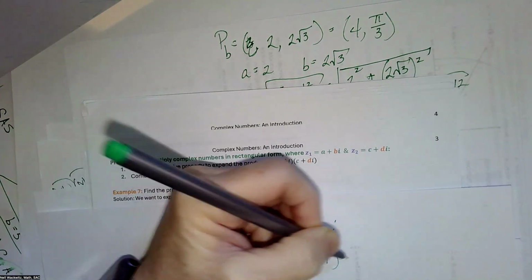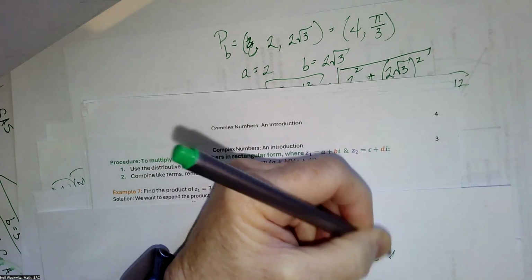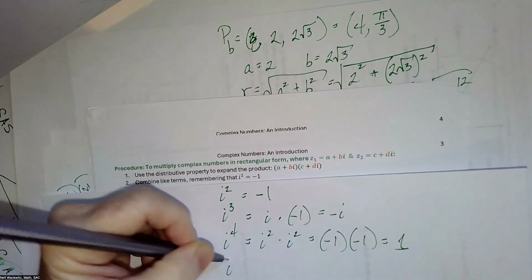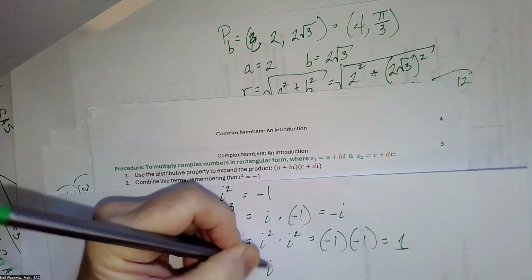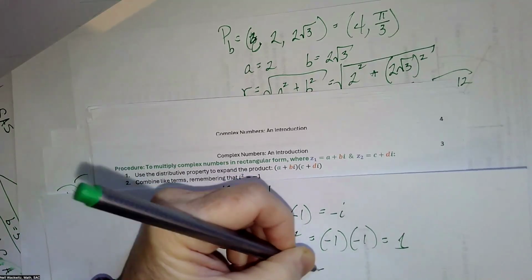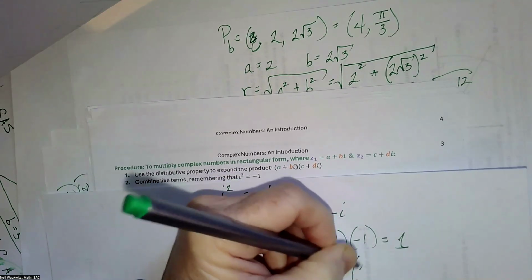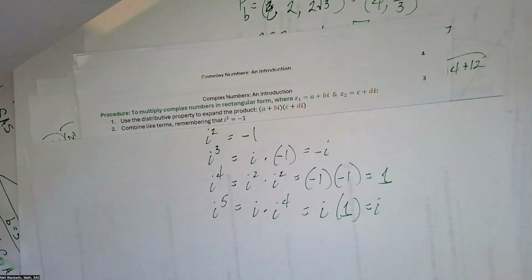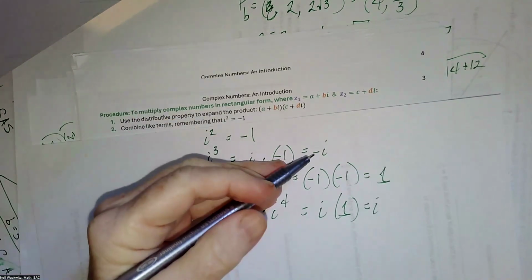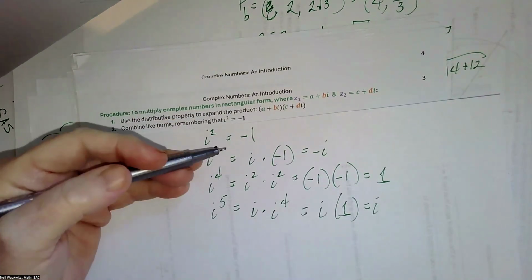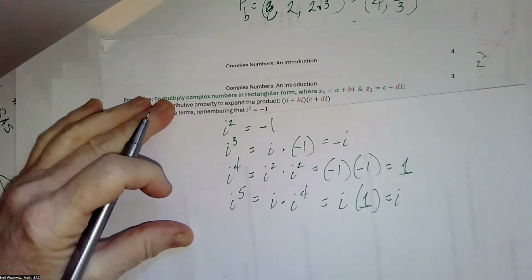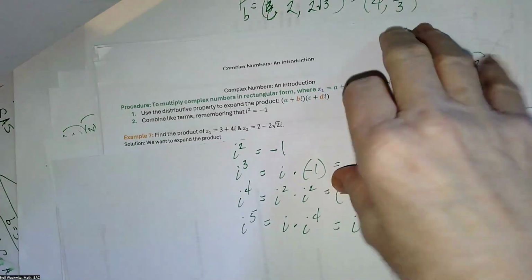So -1 times -1 is +1. i to the 5th is i times i to the 4th, so it's just i times 1, which is just i. So you can see that powers of i are cyclic. We have i, -1, -i, 1, i, -1, -i, 1, i.